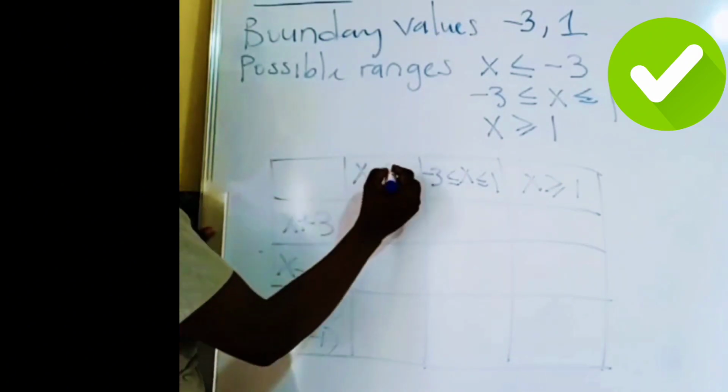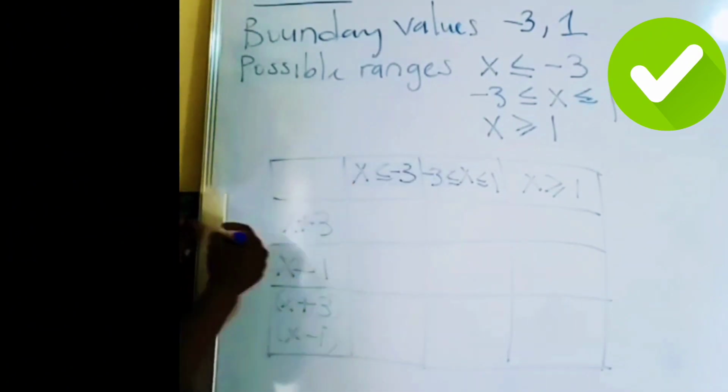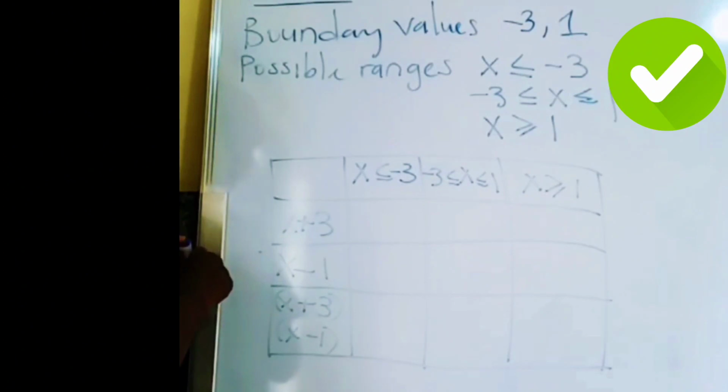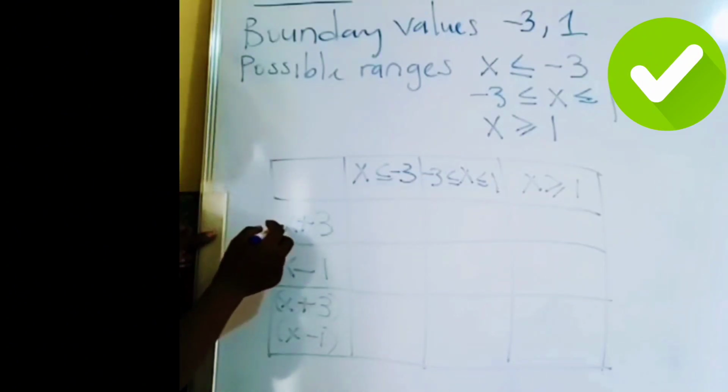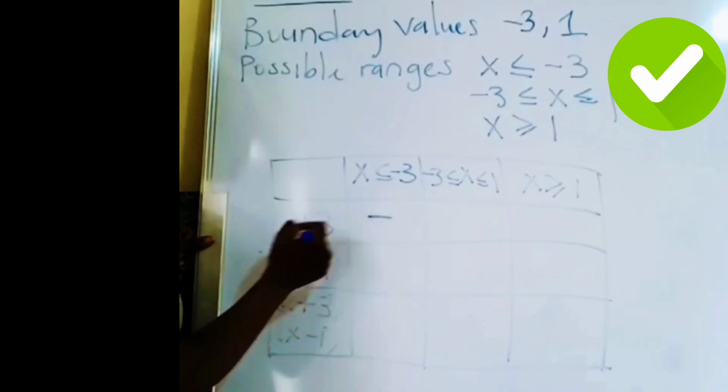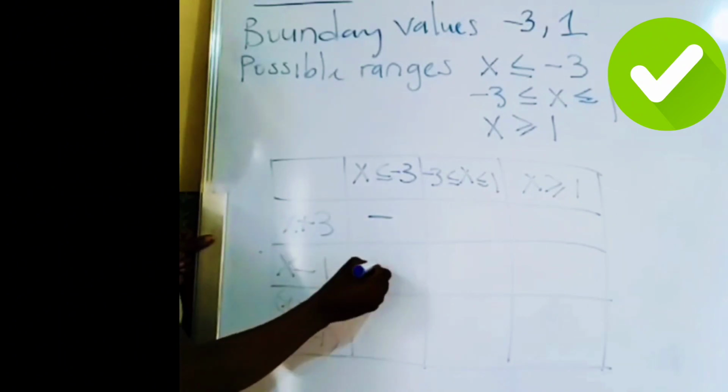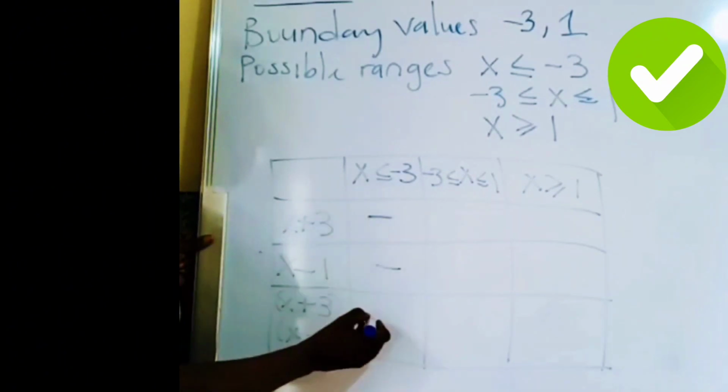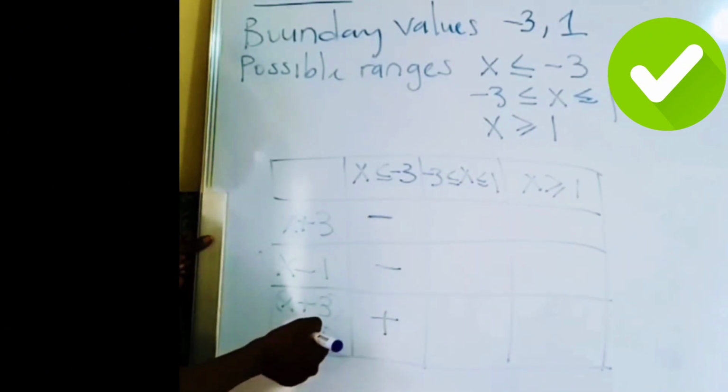We can pick something like negative 4. Negative 4 plus 3 gives us a negative value. Negative 4 minus 1 gives us a negative value, and the product of that gives us a positive value.